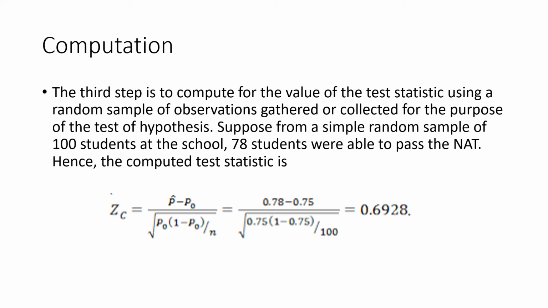Hence, the computed test statistic is z_c = (p hat - p_0) / sqrt(p_0(1 - p_0)/n), which is equal to (0.78 - 0.75) / sqrt(0.75(1 - 0.75)/100), which is equal to 0.692.